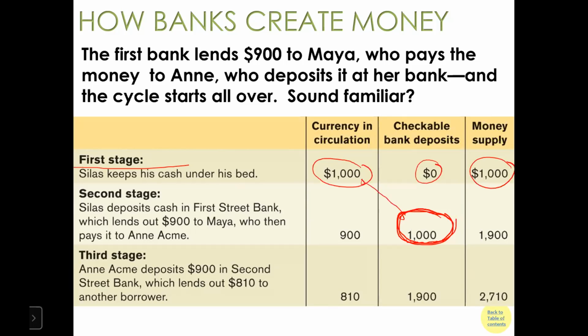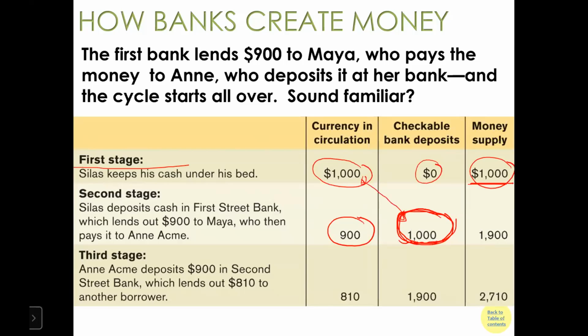Once the bank lends out this money, like in this example, Maya takes a loan from the bank, and you can see the banking system immediately generates new cash, or new money. You can see the money supply changes from 1,000 to 1,000 that belongs to Silas.